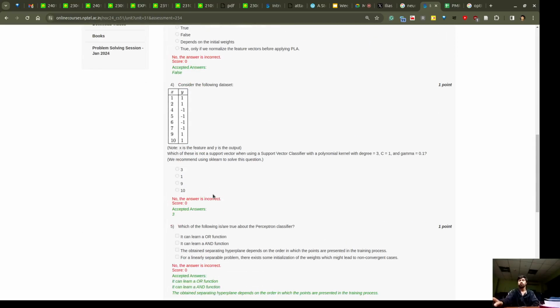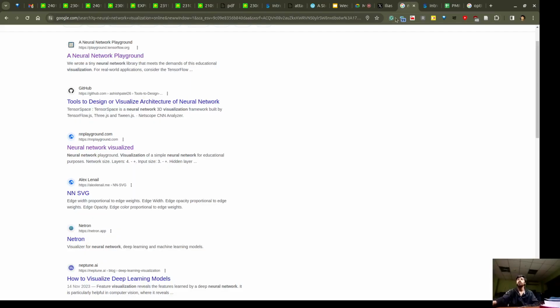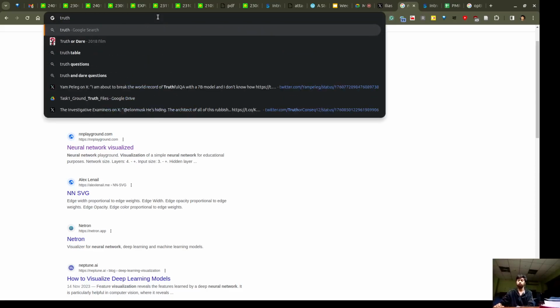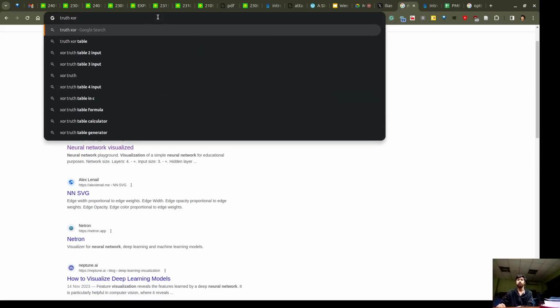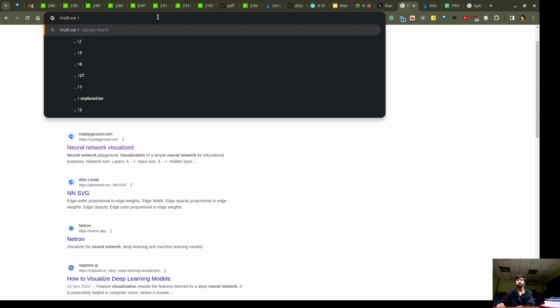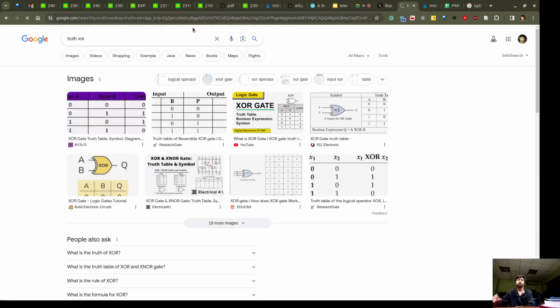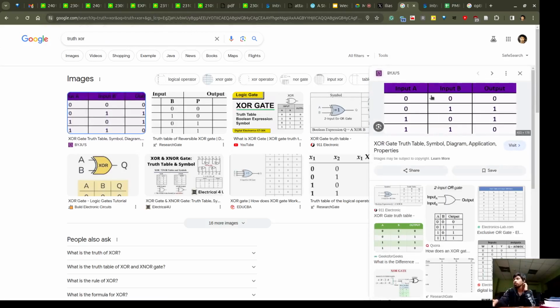In the week 5 problem you have solved the AND gate, so can you please show what exactly XOR is? Okay, the truth table for XOR: if only one of them is 1, then it is 1, but if both of them are the same, then it is 0. So this is the XOR gate. 0 and 0 is 0. Only one of them is 1, so it is 1. Only one of them is 1, it is 1. And if both of them are 1, it is 0.